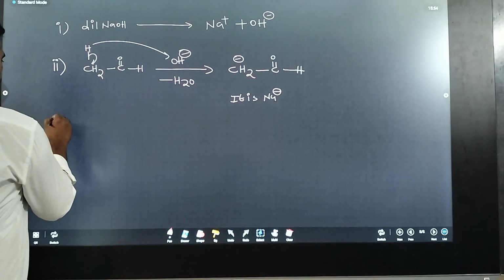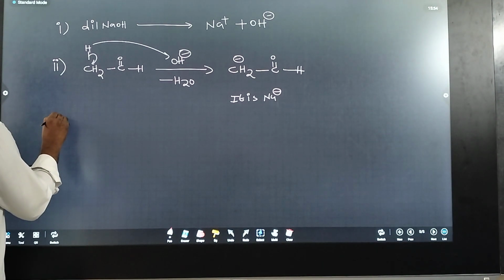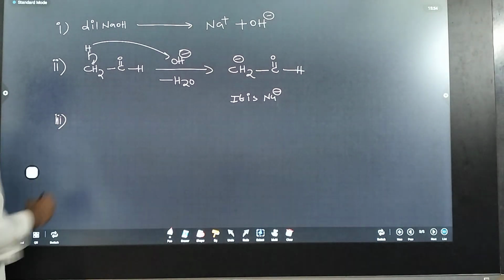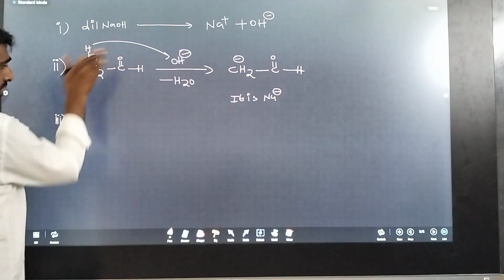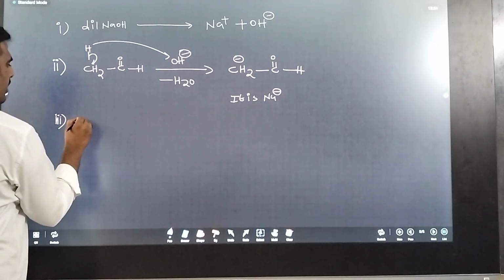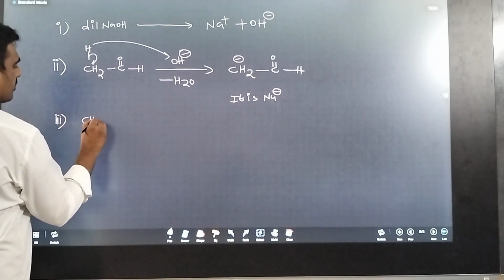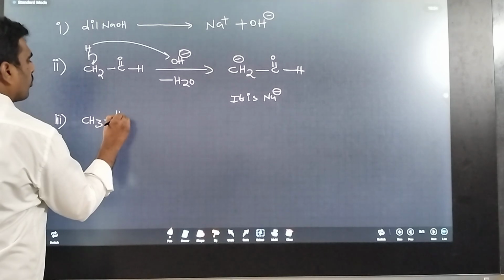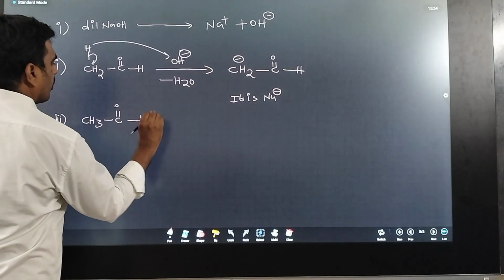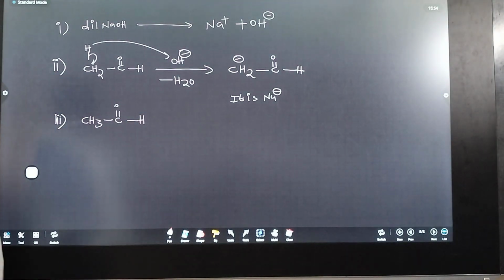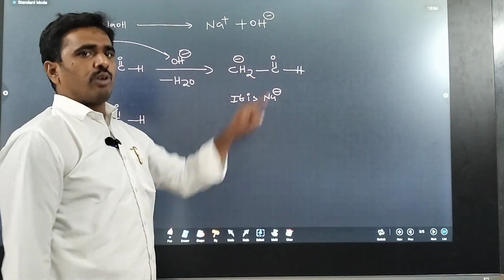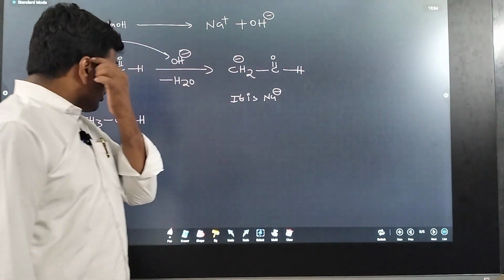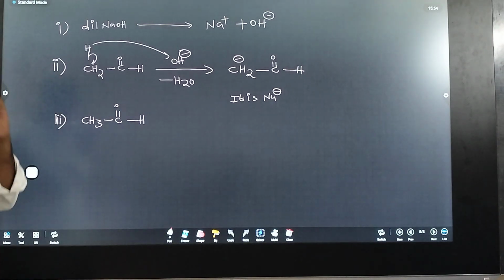So then third step. So I can use 1 mole of aldehyde, and I can use second mole of aldehyde. So here this acts as a nucleophile. So nucleophile attacks on electrophilic centers.